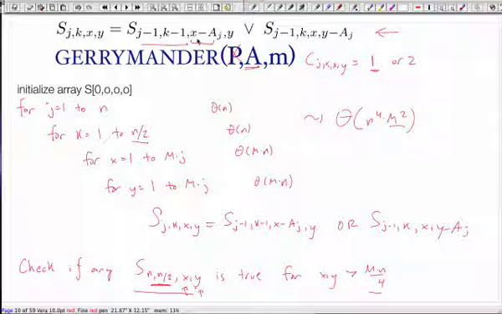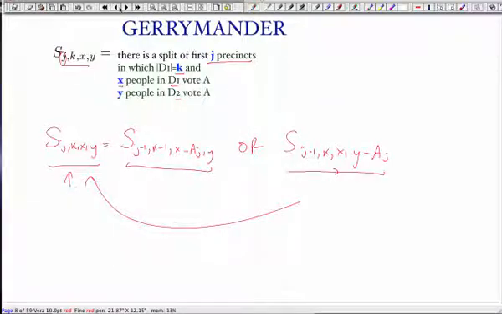It's a very insightful question that really tests the understanding of this algorithm. Why does this variable have to be defined as there are exactly this many people? Exactly x people. Why exactly x?